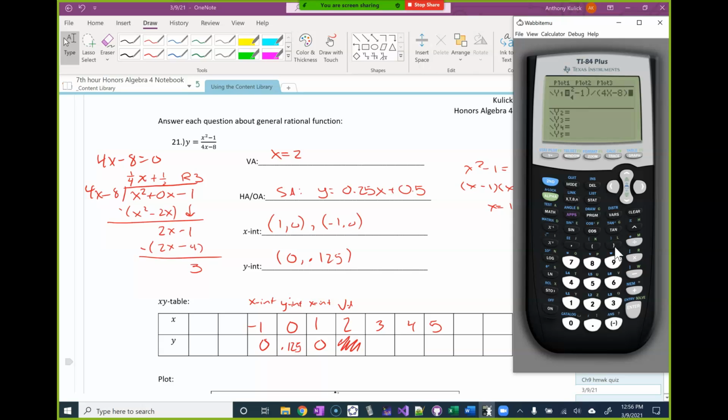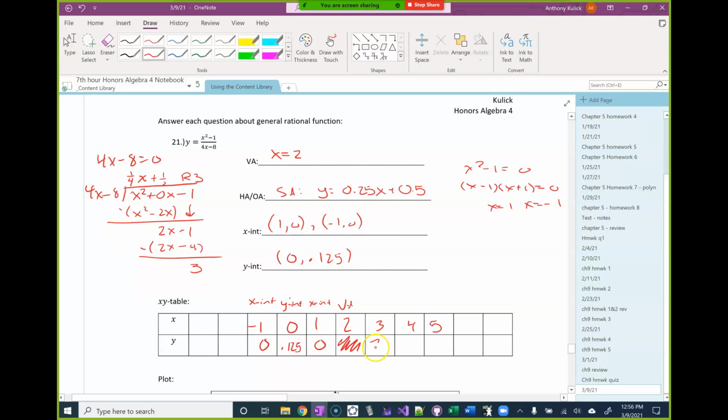And I don't really need to worry about anything before 3, so I'm just going to start my table at 3 to get those last 3 values. And you could certainly plug those into your calculator manually if you wanted to. You don't have to go through all the rigmarole of using the table on your calculator, but you can if you want to.